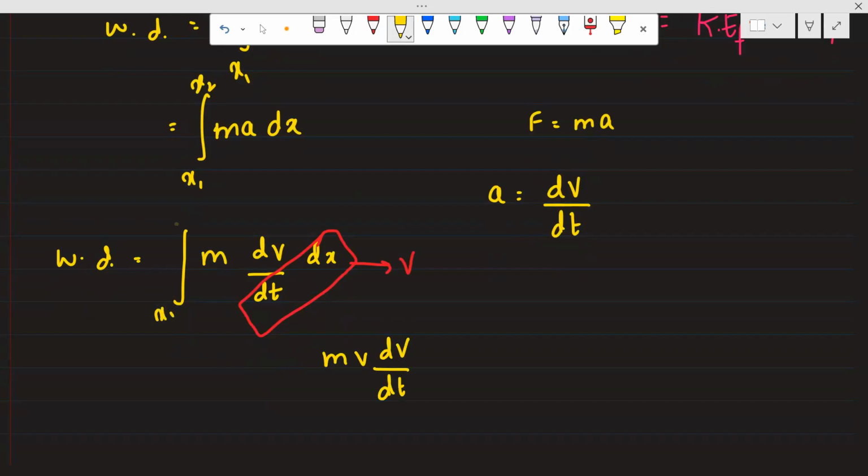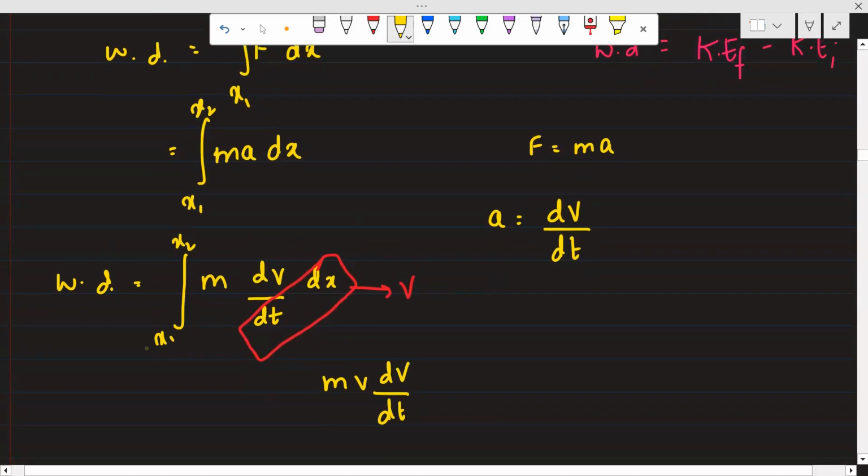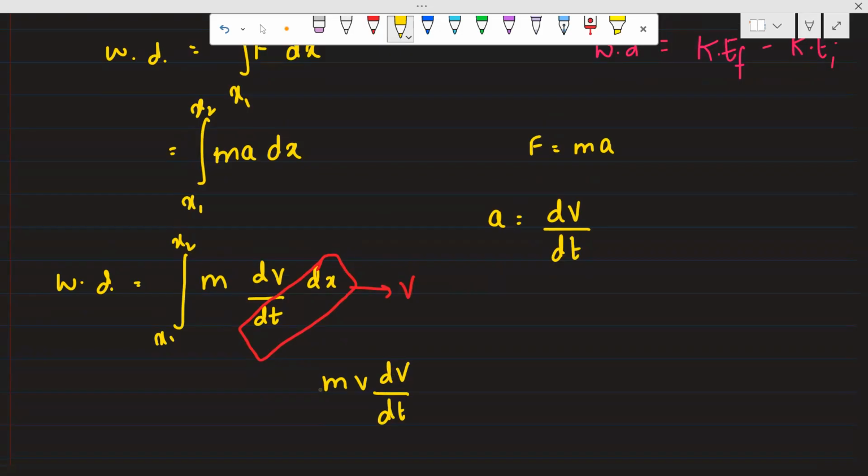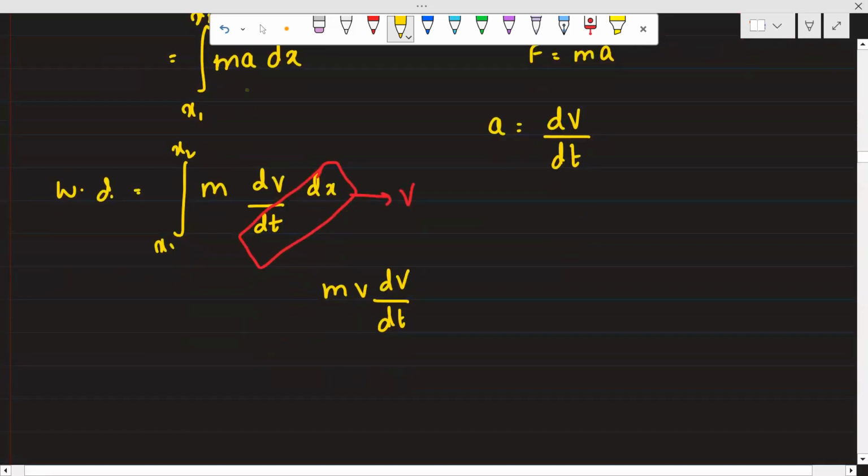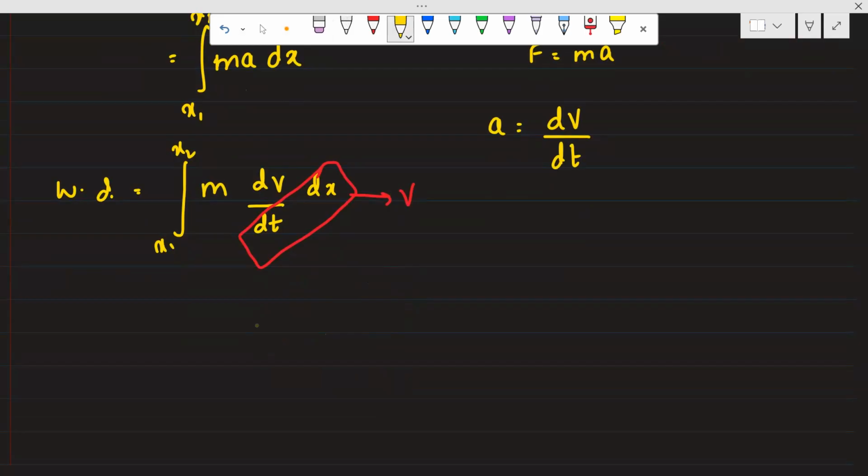Now here we had x1 to x2 because we were initially differentiating the position, but your position has gone, so you cannot put the position or displacement limits. Whatever function you integrate, you'll have to take the same limits. So I have made this as velocity.